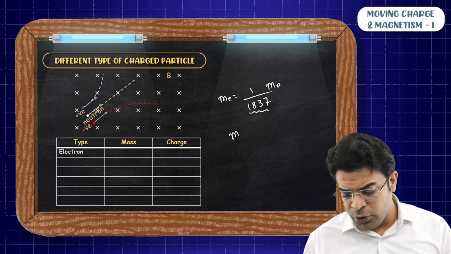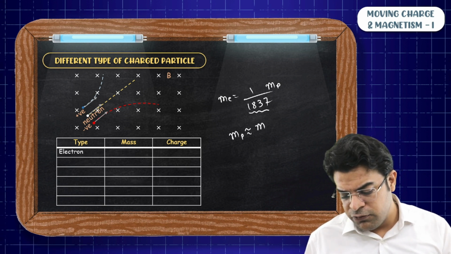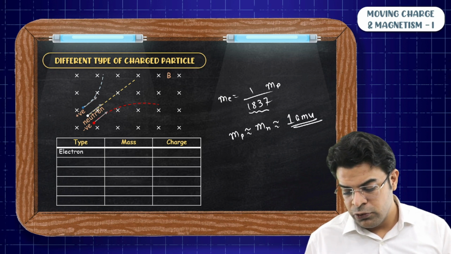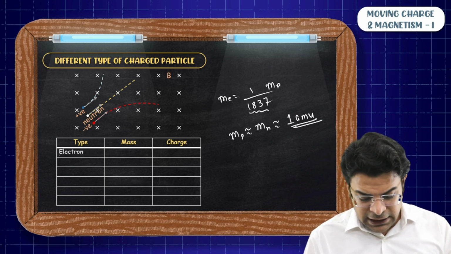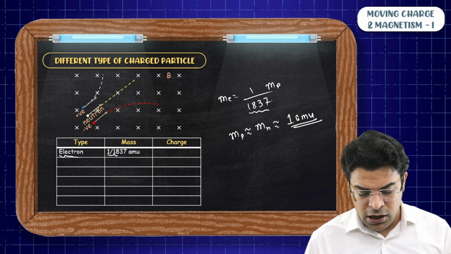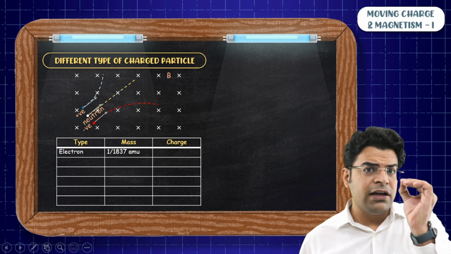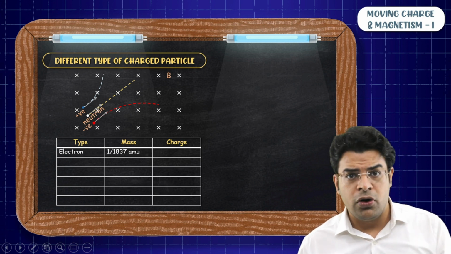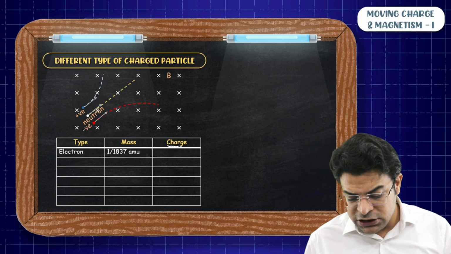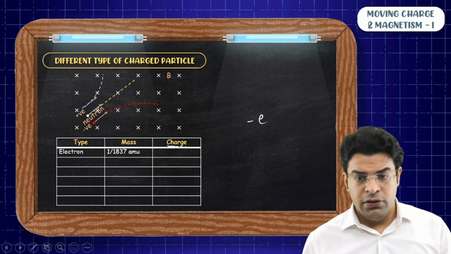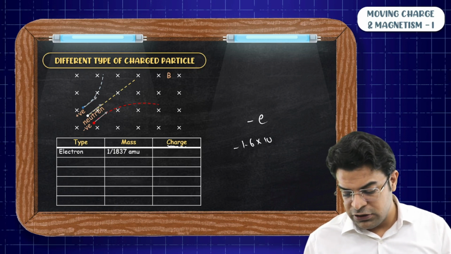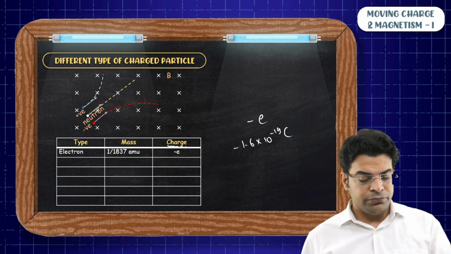And the mass of a proton is nearly equal to the mass of a neutron, which equals 1 AMU. So the mass of an electron is 1 upon 1837 AMU. And we know that the charge on an electron is minus e, which is minus 1.6 into 10 raised to the power of minus 19 coulomb.